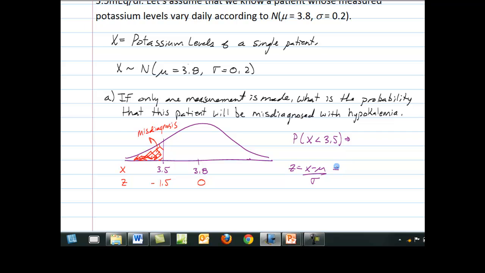So z equals 3.5 minus 3.8 over 0.2, which is negative 0.3 divided by 0.2. I get z equals negative 1.5, just the same as when I reasoned my way through it. So this statement rewrites to the probability that z is less than negative 1.5, that is, 1.5 standard deviations below the mean.